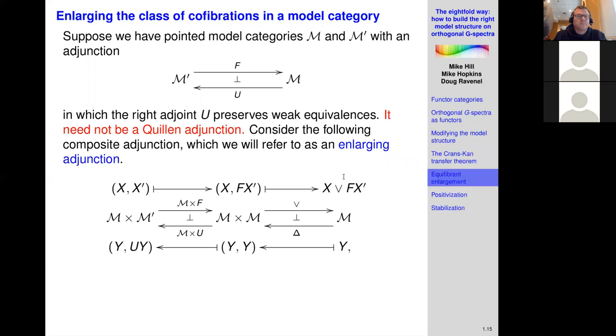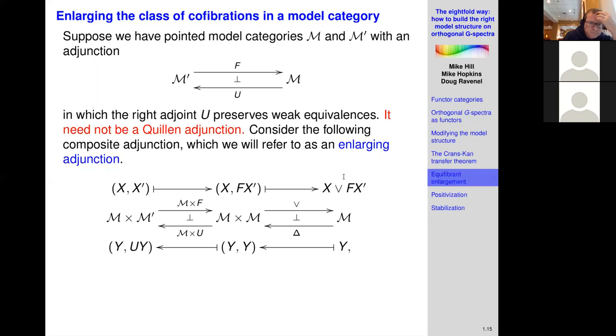Look at the middle row of the diagram. I take the product of M and M prime and map it to M as indicated. There's a functor from M cross M prime to M that's indicated in the top row, and there's a functor going the other way, which is indicated in the bottom row.